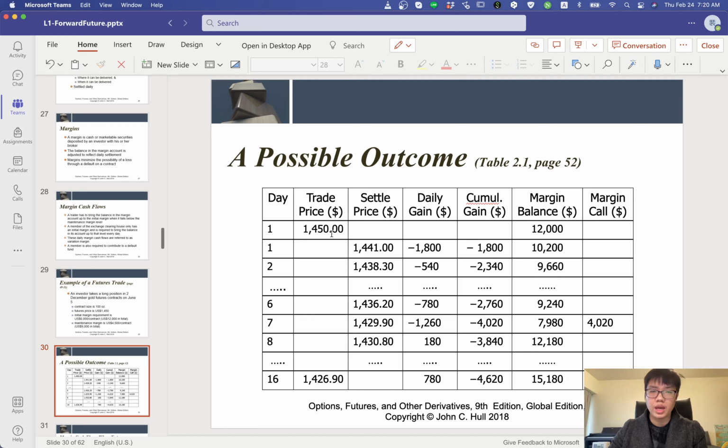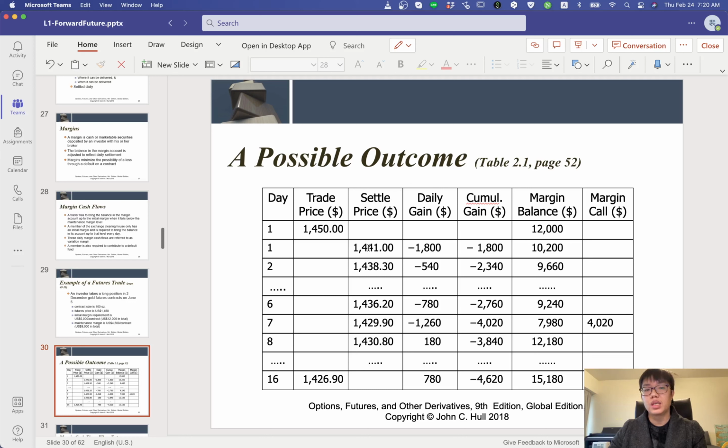At the time we entered the position, the trade price of the forward is $1,450. However, by the end of the day it decreased by $9 to 1,441.